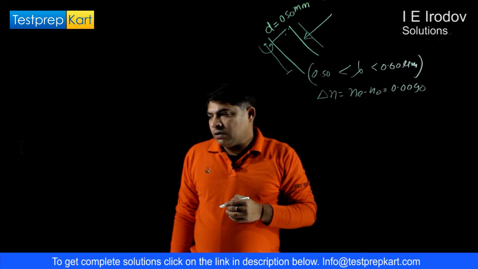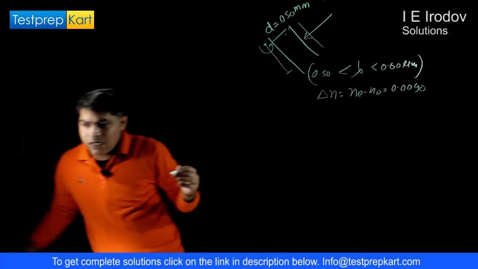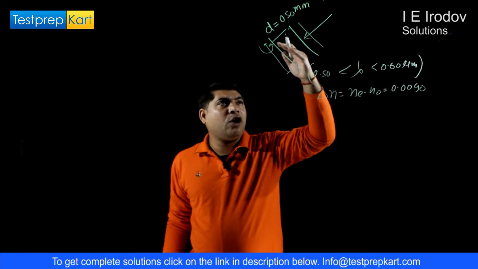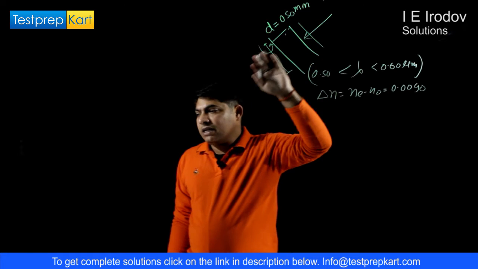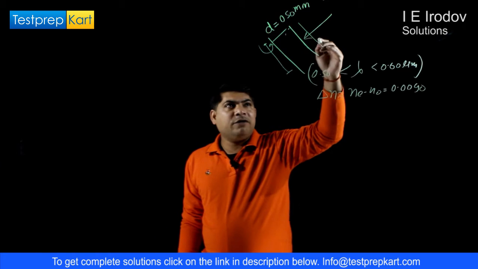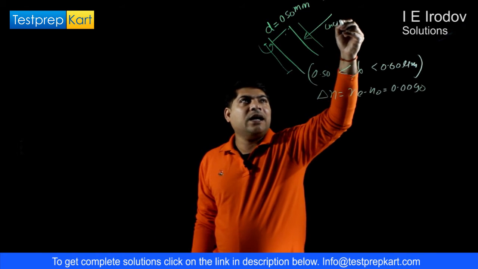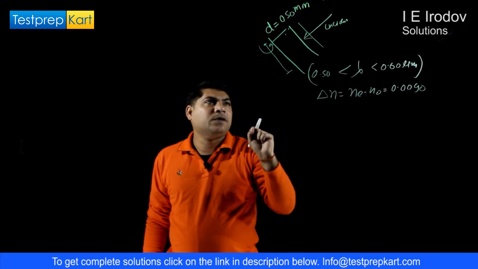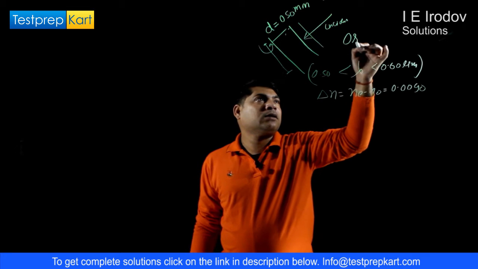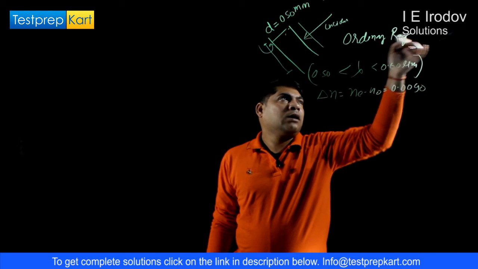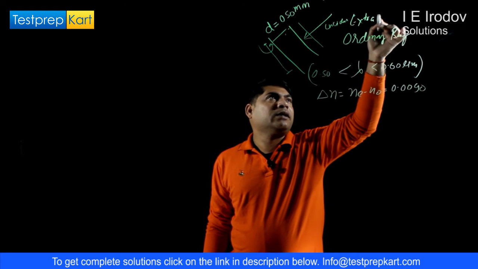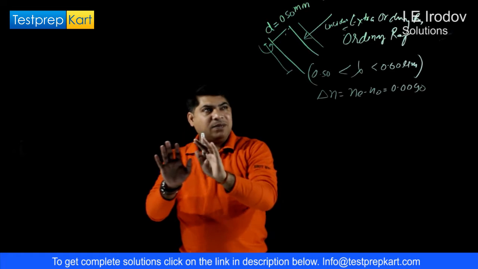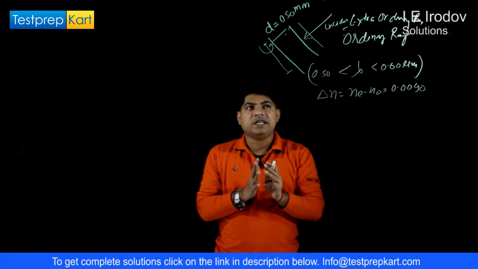Basically, in a quartz plate cut parallel to its optical axis, when light is incident normally on the face, perpendicular to the surface, it gets divided into two parts: one is the ordinary ray and the second one is the extraordinary ray. These two rays move in the same direction, but there is a difference in velocity.